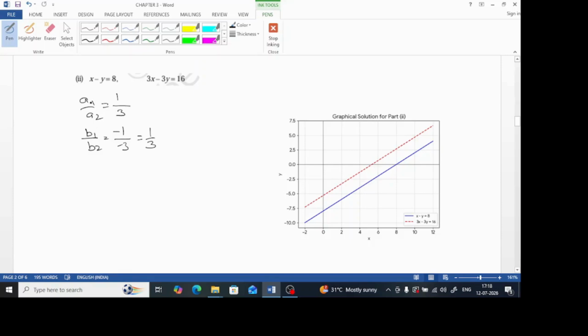Here a1 upon a2 is 1 by 3 and b1 upon b2 is 1 by 3. So now we will calculate c1 upon c2 also. C1 is 8 and C2 is 16.